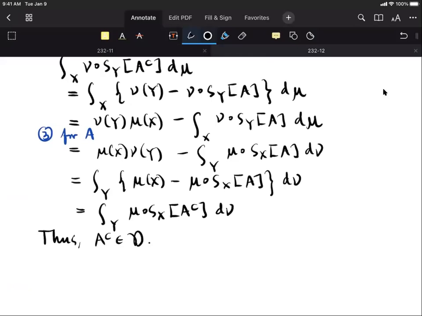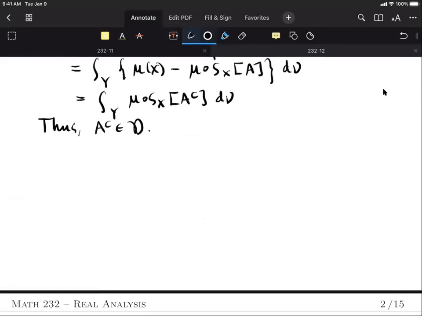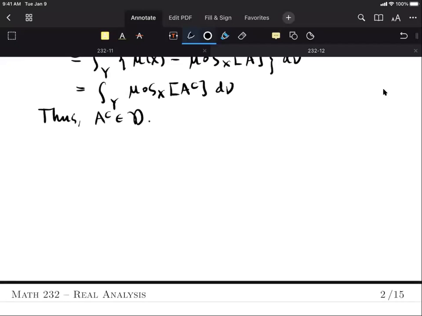Okay, so now let us prove the case of closure under pairwise disjoint union.